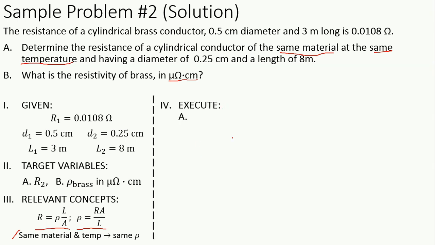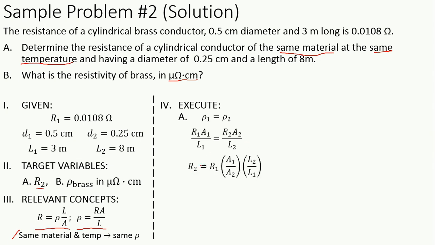For letter A, we equate the resistivity for the two sets of dimensions. So we have rho 1 equals rho 2. Then we substitute using this formula: R1 A1 over L1 equals R2 A2 over L2. Before substituting the values, we express the unknown variable R2 symbolically in terms of the other variables.